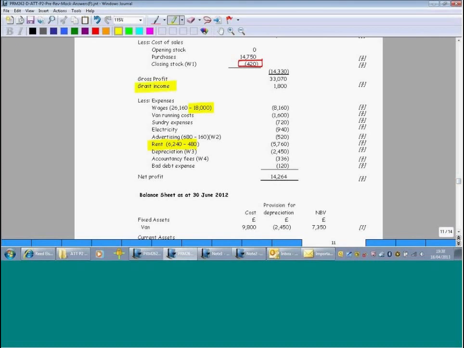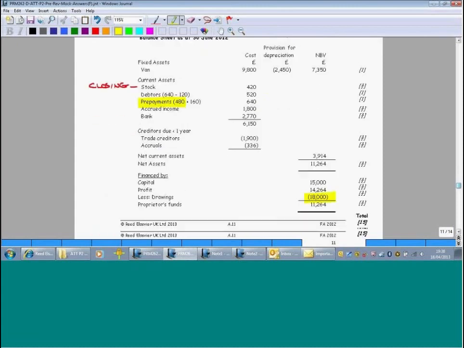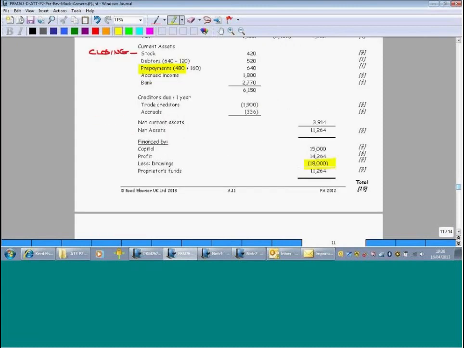Just below the gross profit line you show the grant income, but because you haven't yet received the cash and your business is owed that money, you've got a type of debtor. They're calling it accrued income, but if you get confused by that terminology, just call it a grant debtor, and that is perfectly acceptable. That's what that £1,800 figure is.